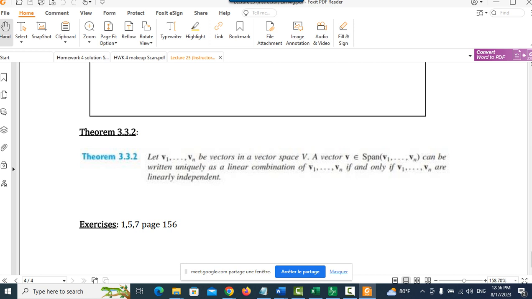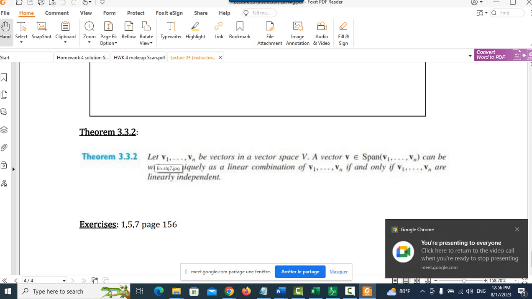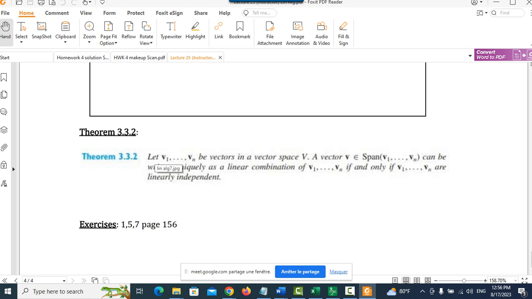Now theorem 3.3.2: let v1, v2, ..., vn be vectors in a vector space. Suppose that we take a vector v, and that vector v belongs to the span of v1 through vn. In other words, that vector v belongs to the set of all possible linear combinations of v1 all the way to vn. So a vector v that belongs to the span of v1 through vn can be written uniquely as a linear combination of v1 to vn if and only if v1 through vn are linearly independent.